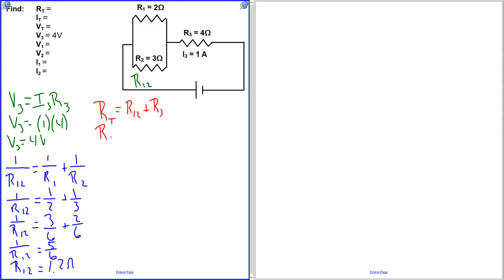So my total resistance would equal 1.2 ohms plus 4 ohms. So my total resistance would equal 5.2 ohms. I can go put that in my list of givens up here.